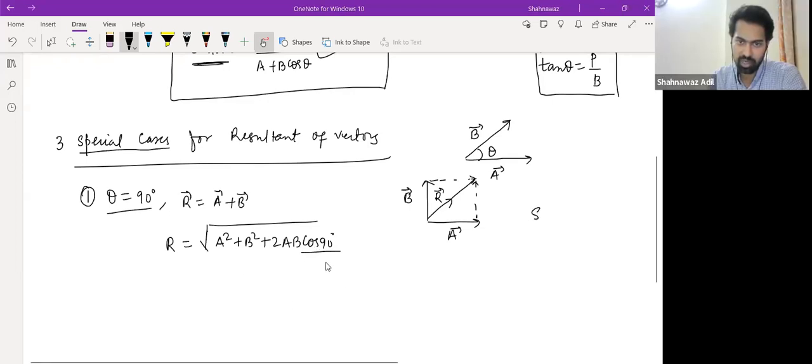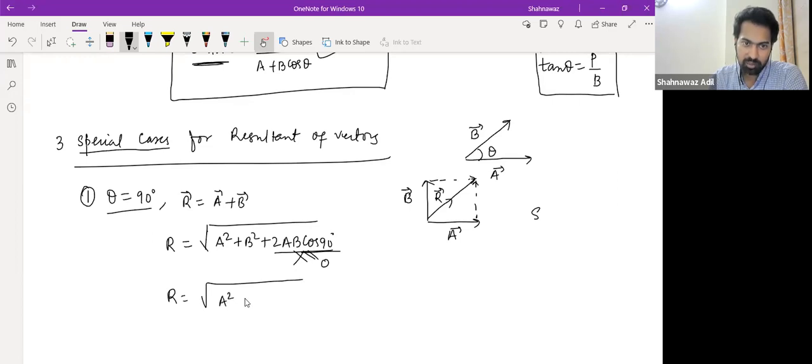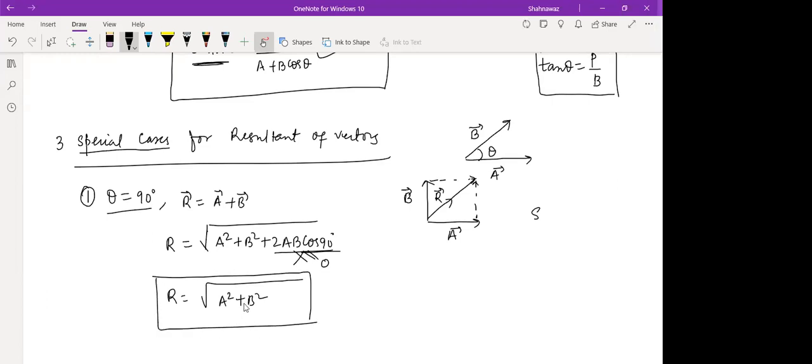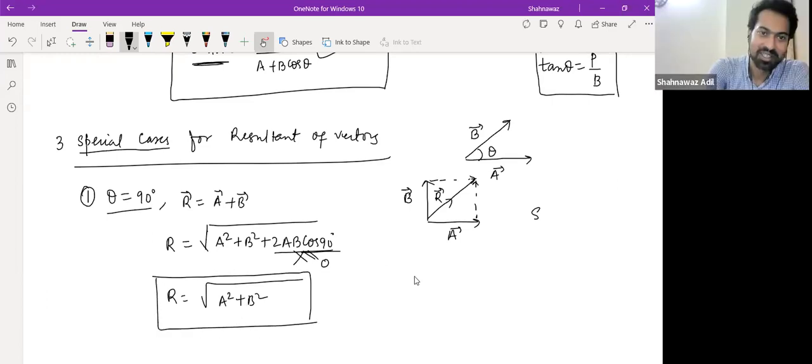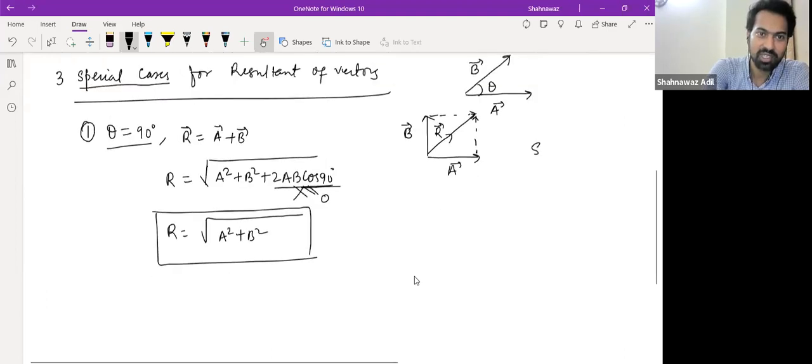So this part is 0, and the whole term is cancelled. So we have R equals the root of A square plus B square, not A plus B. So this is the one special case.